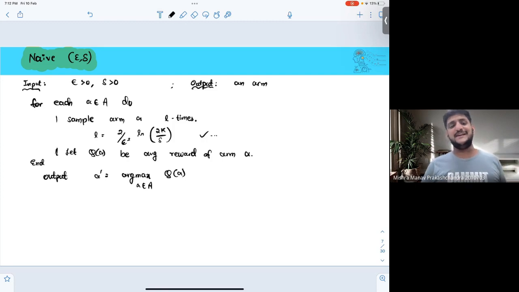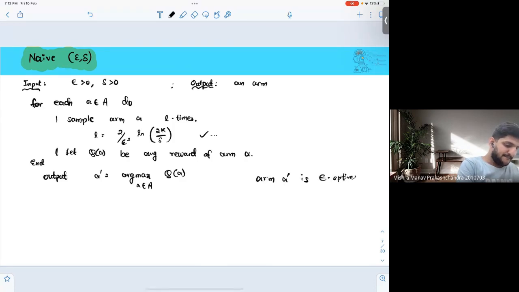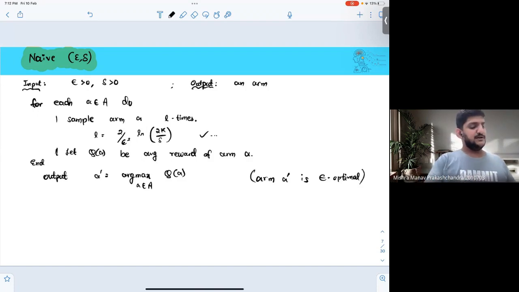If I pull the arm this many times and compute the Q value, which is the average reward for arm A, then the output, argmax of Q of A, my arm A prime, is epsilon optimal. So this is the claim.